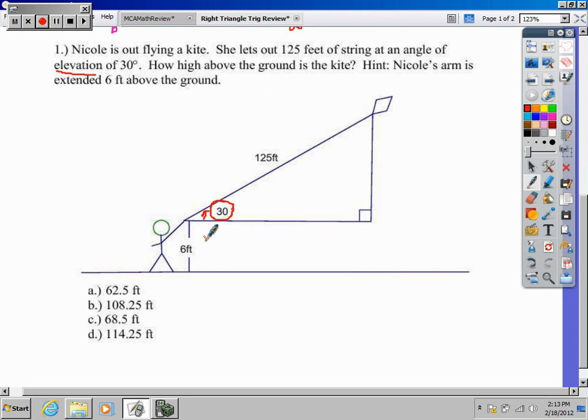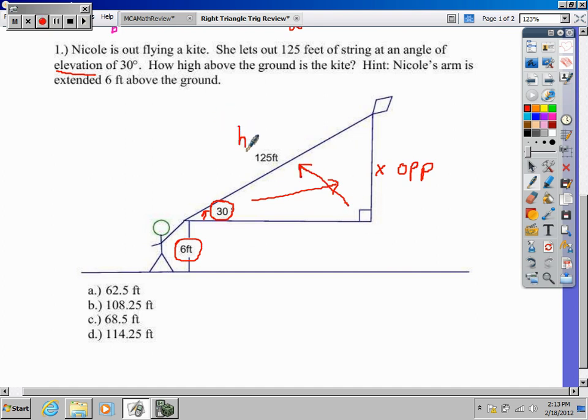So we want to know the distance above the ground the kite is. And they're giving us a hint that Nicole's arm is extended 6 feet above the ground. So we just need to remember to add 6 at the very end of the problem. So I circle the angle that I have, which is 30. I look across the opposite side and I say, well, the side over here would be called the opposite.